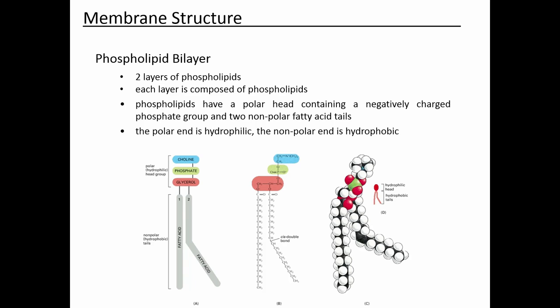Its hydrophilic heads are pointing towards the fluid or water on the other side of the membrane, with its hydrophobic tails pointing towards the tails of the other layer. So now you have a structure where the hydrophilic parts get to be in contact with water and the hydrophobic parts are buried in the center.